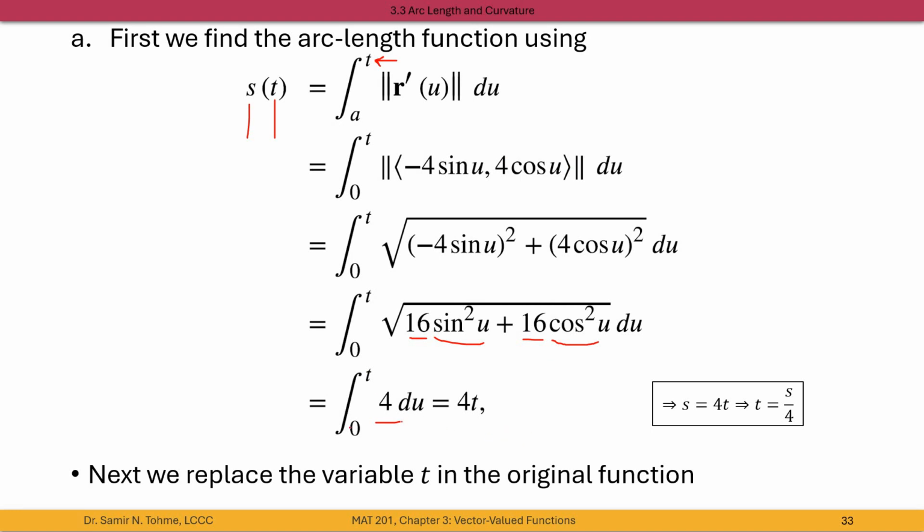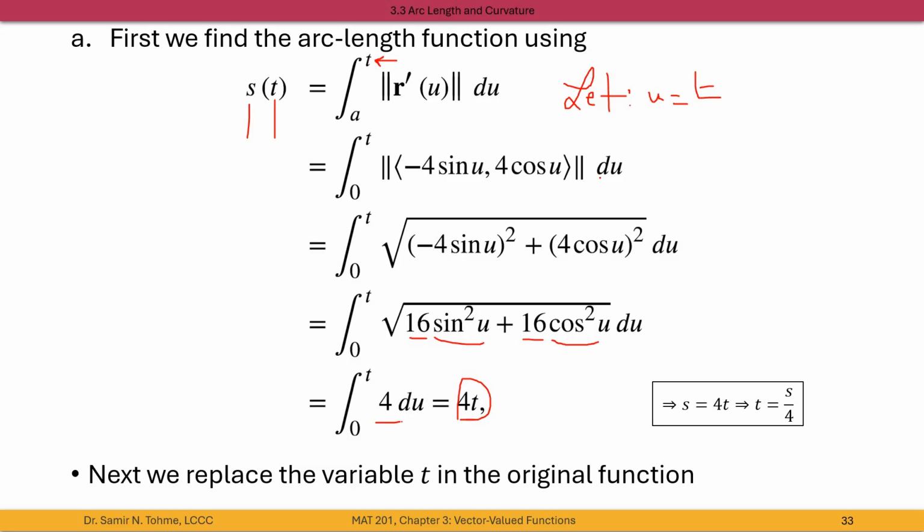Now integrating this one will give you 4t, and this is the result s. Initially, we said let u equal to t. We will do another change of variables in other examples, we're going to see that.